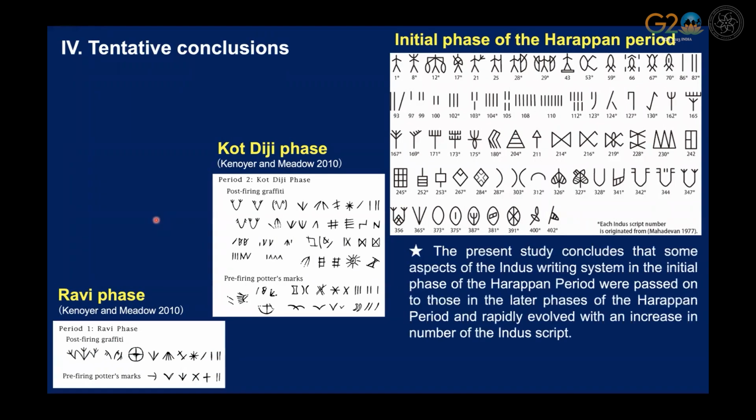The present study concludes that some aspects of the Indus writing system in the initial phase of the Harappan period were passed on to those in the later phase of the Harappan period, and rapidly evolved with an increase in the number of Indus signs.